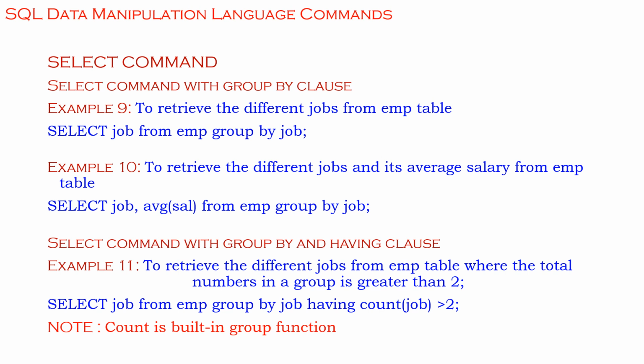So count is a built-in group function. As we saw in the above example 10, average is again an aggregate function. Similarly, count is an inbuilt group function. So these constraints can be added within the select command using the where clauses.